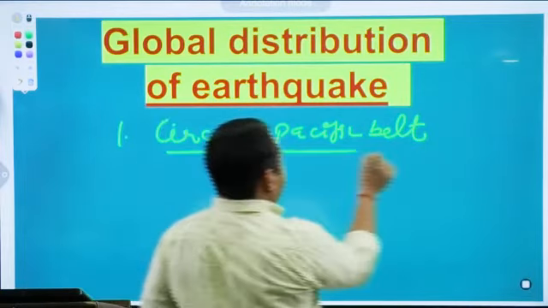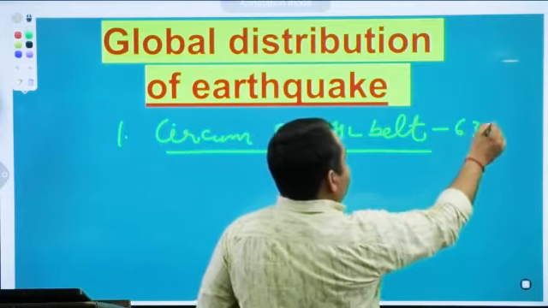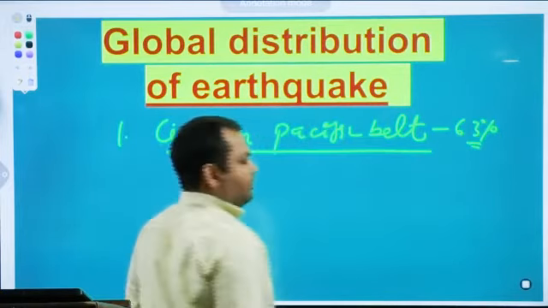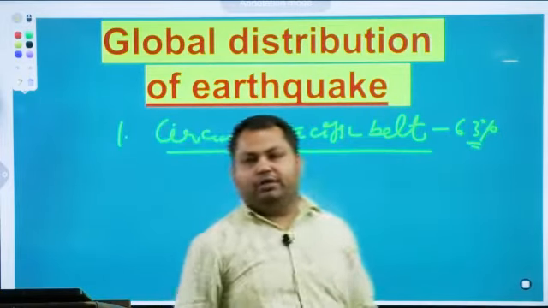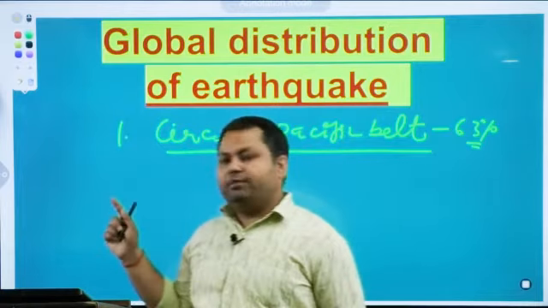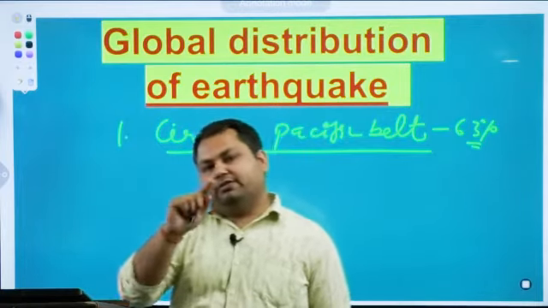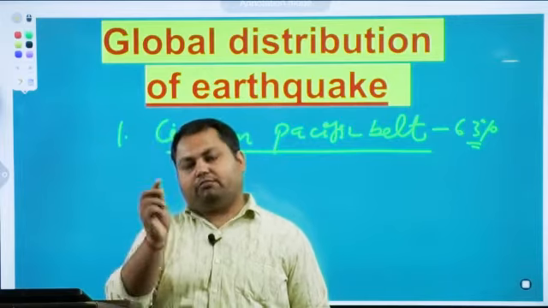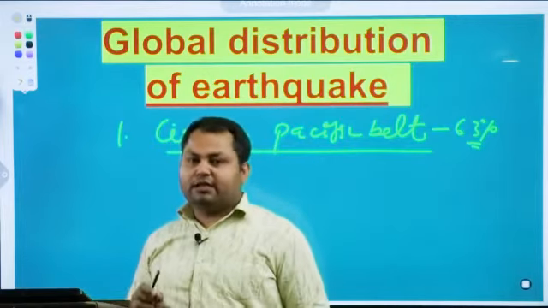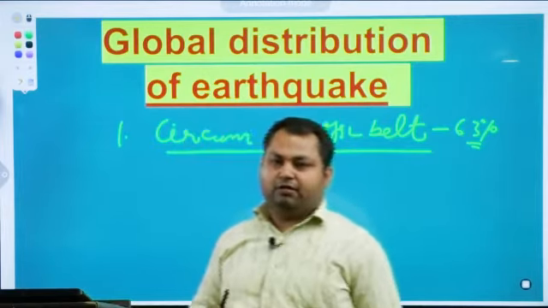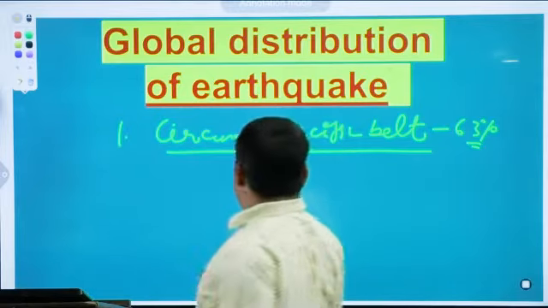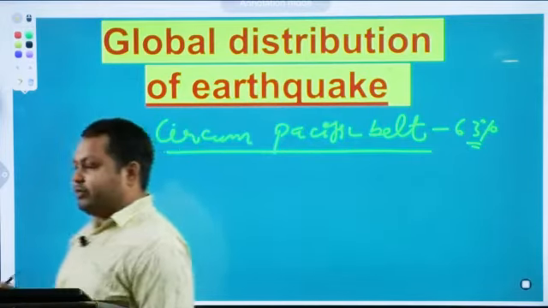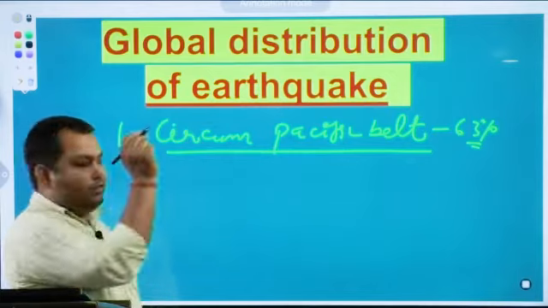In this belt, there occurs around 63% of the global earthquakes. Why? Because the Pacific belt is located on the margin of continental oceanic plate convergence, right. So, it records maximum earthquakes and maximum magnitude of earthquake.